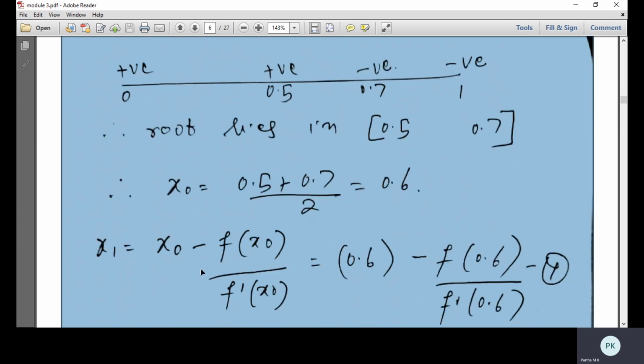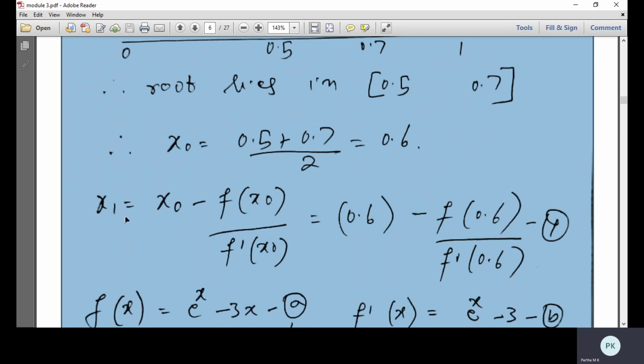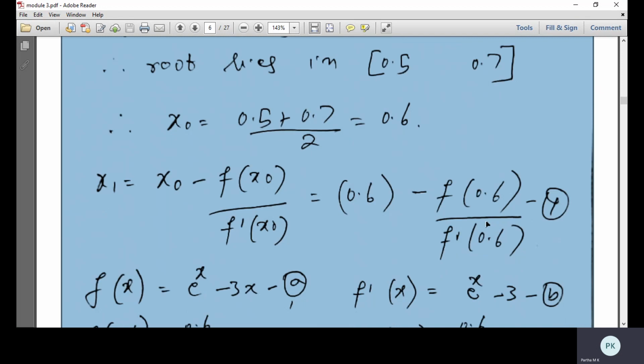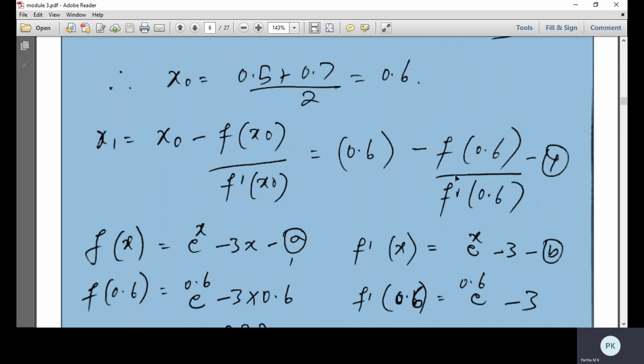So you have chosen x0. Now let us write the formula: x1 is equal to x0 minus f of x0 by f dash of x0. What is my x0? X0 is 0.6. So put x0 is equal to 0.6: f of 0.6 and f dash of 0.6. Now calculate the value of f of 0.6.